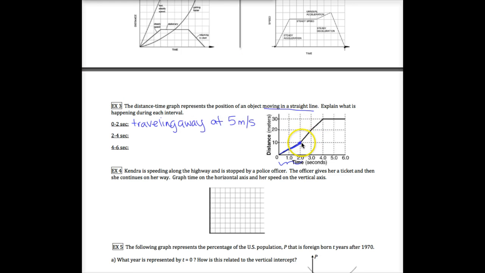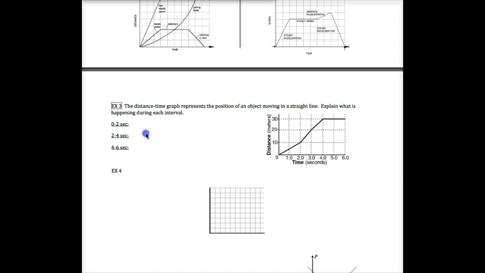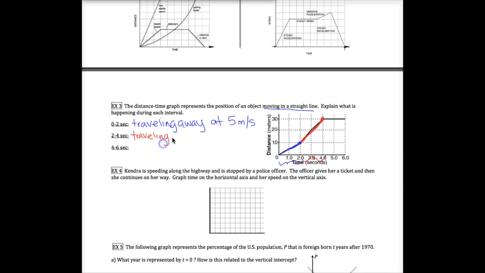Then we have a change from 2 to 4 seconds, which is this interval right here. It's still traveling away, faster than it was before. And again, we can find its speed. That's another 2 seconds that passed, and it went an additional 10, so 20 meters. So 20 meters in 2 seconds means that now it's traveling at 10 meters per second.